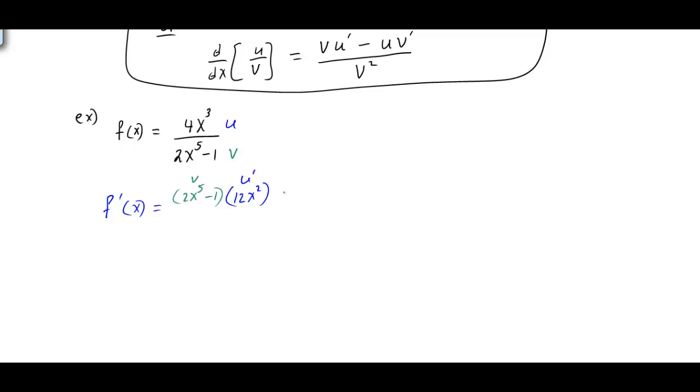And then it's, be careful, minus u multiplied by v prime, and that's going to be 10x to the fourth, and all of this is divided by the denominator v squared.